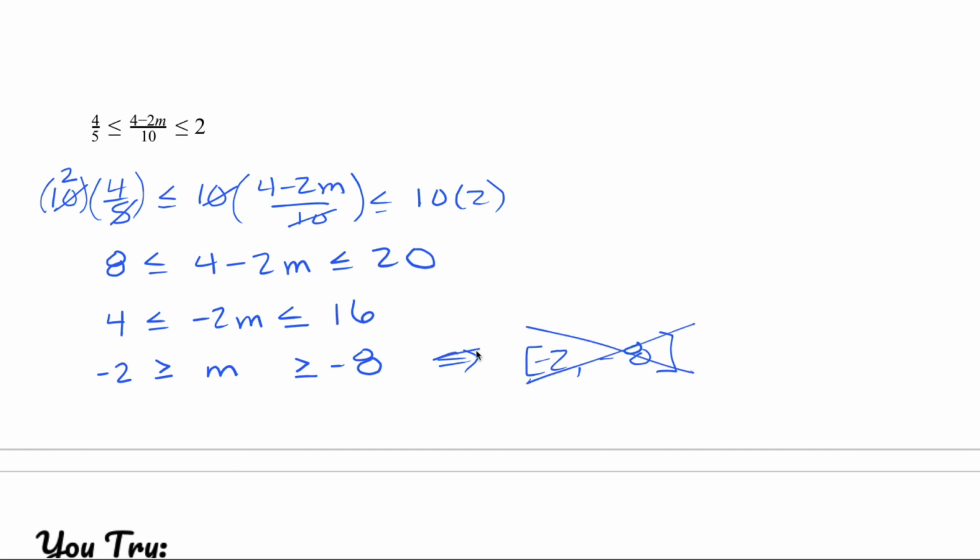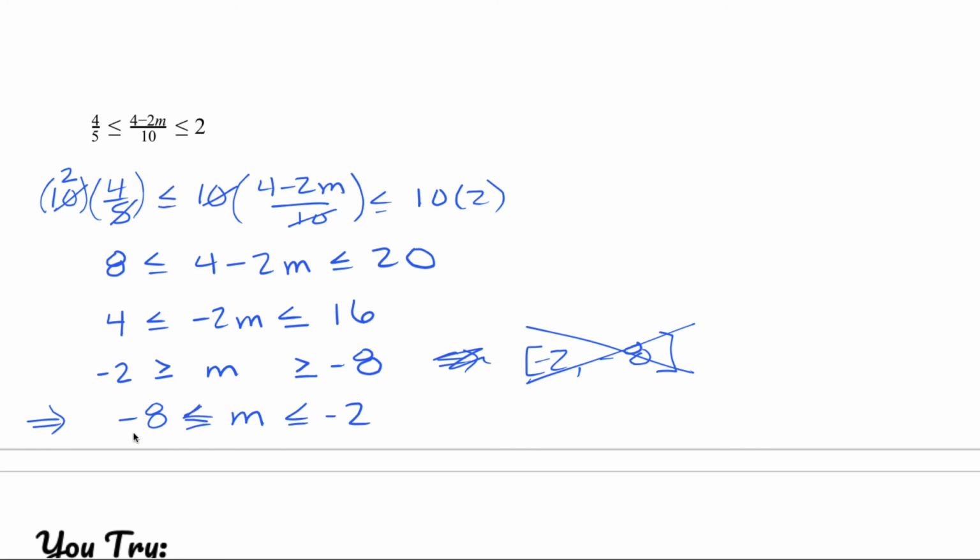So what we want to do instead is flip this around. Have negative 8, which is the smallest number, and then that's going to reverse all these inequality symbols and make my brain, who's always seen compound or 3-part inequalities written like this, kind of more happy. And you'll get used to that too as you get more experience.